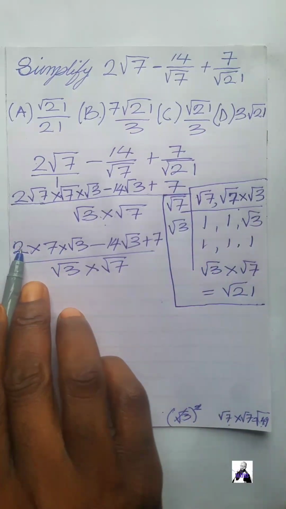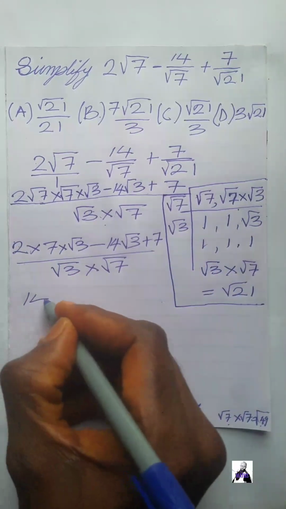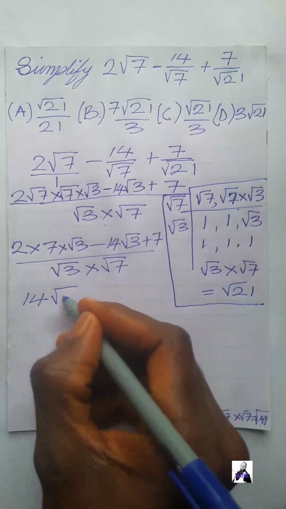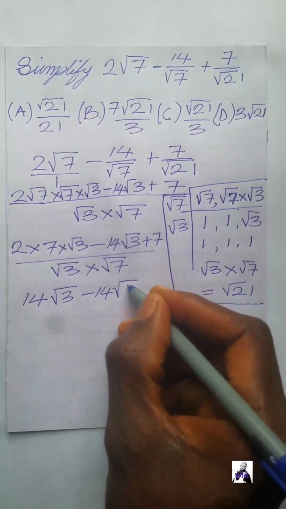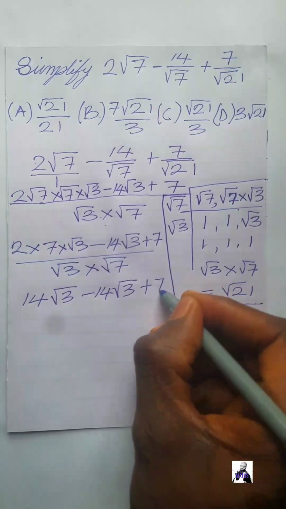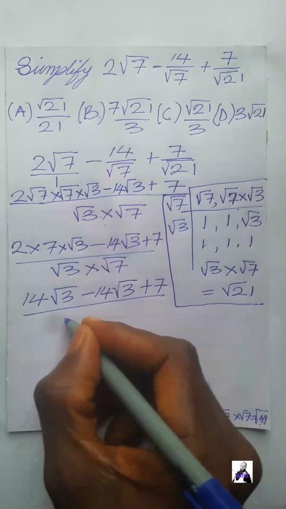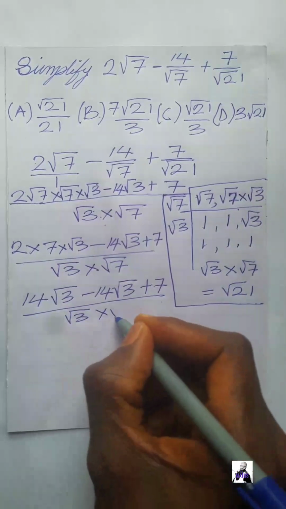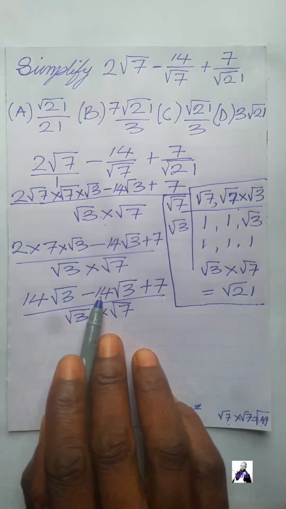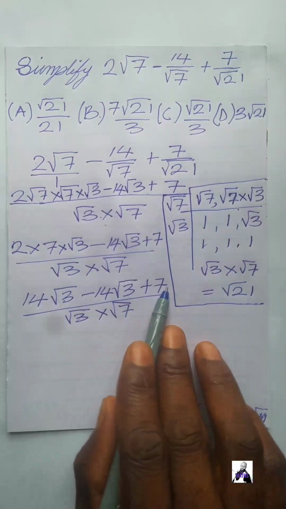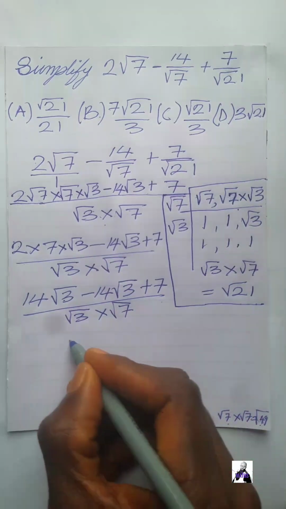Look at this very well. This is 2 times 7, that is 14 root 3, minus 14 root 3 plus 7. You are seeing something, right? Now 14 root 3 minus 14 root 3 is 0. We are only left with 7 as the numerator.